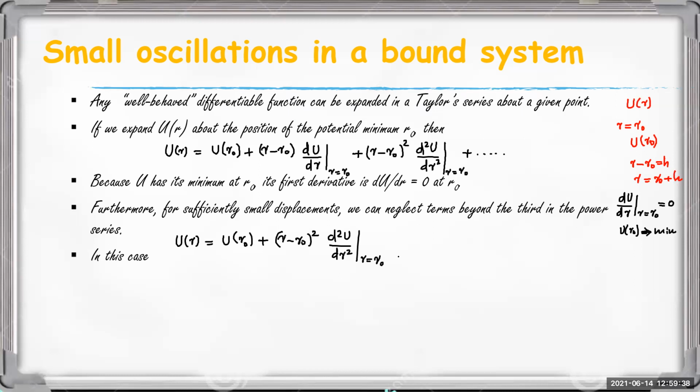Then the similar quantity can be written as u of x equal to u of x0 plus (x minus x0) whole square into d square u divided by dx square at x is equal to x0.